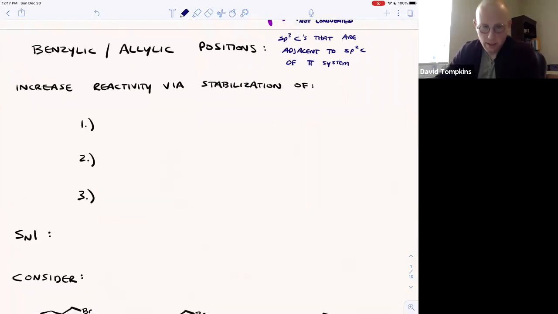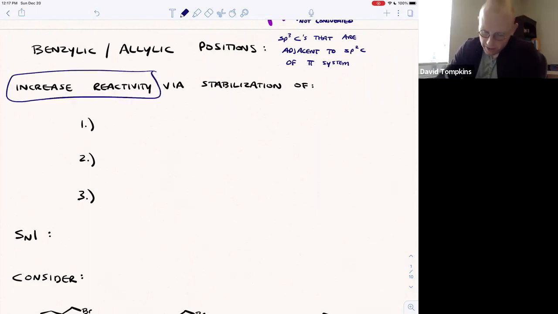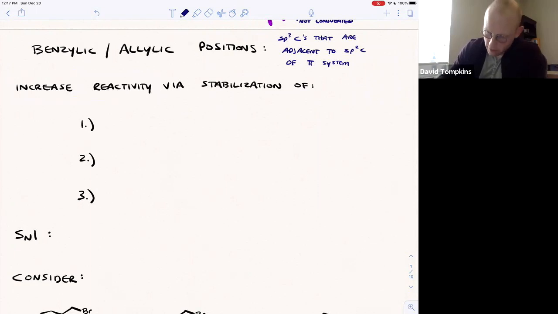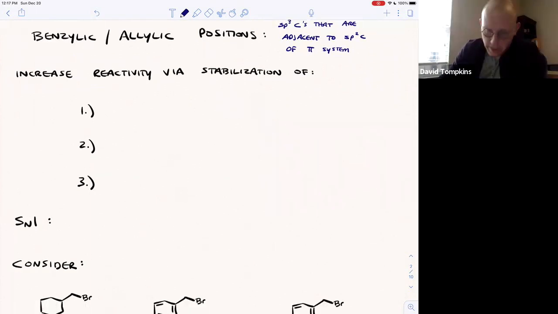So benzylic and allylic atoms are very good at stabilizing, and therefore affecting the reactivity of, three different types of reactive intermediates.